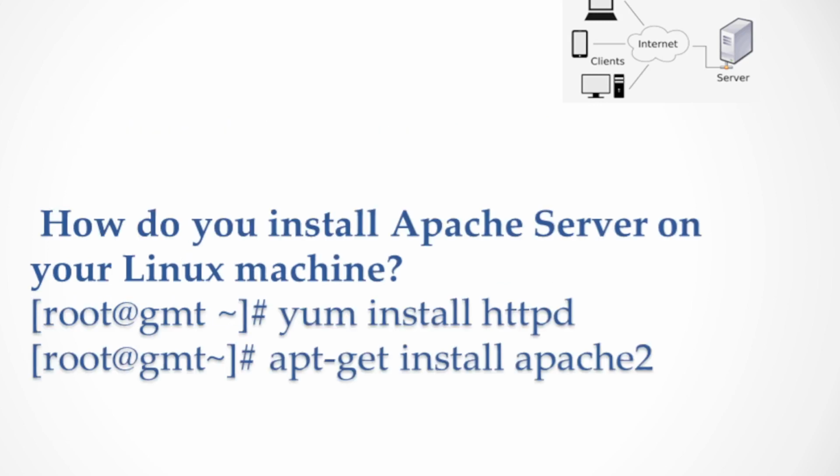How to install Apache server on your Linux machine? You can use yum install httpd and apt-get install apache2, then it will be installed on your Linux operating system.